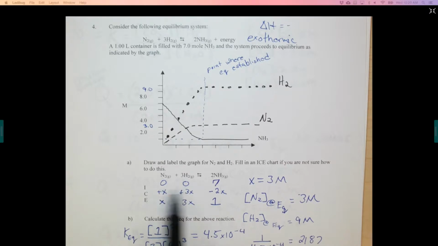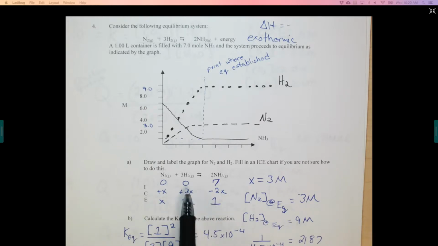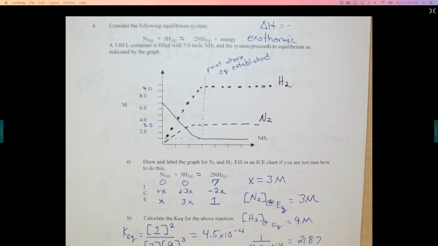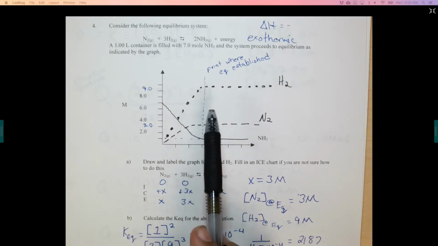Generally speaking, we have had minus x's underneath our reactants, but in this particular case, we have plus x. Why? Because the reaction is moving in the reverse direction, or the reaction will proceed to the left to achieve equilibrium.